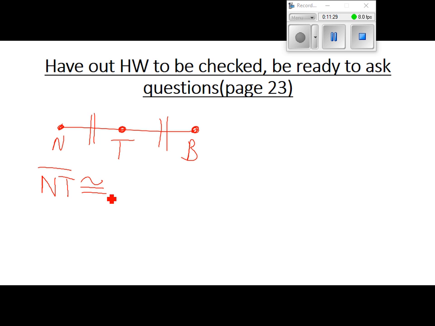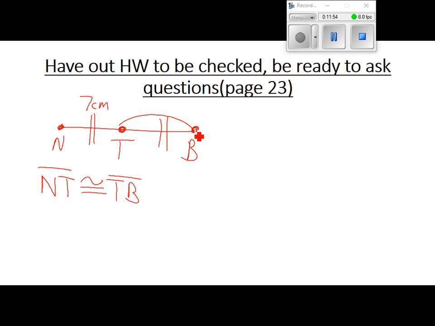Segment NT is congruent to segment what? TB. What's that tell us about those two segments if they're congruent? Same measurement, same length. If I told you that segment NT here was 7 centimeters, what do we know about this length? 7 centimeters.